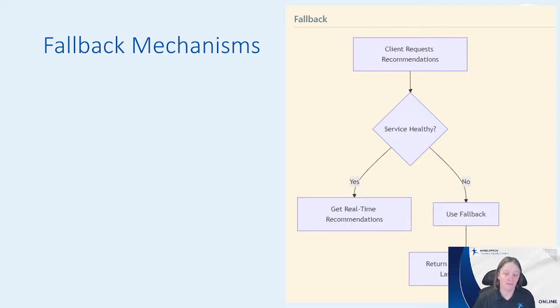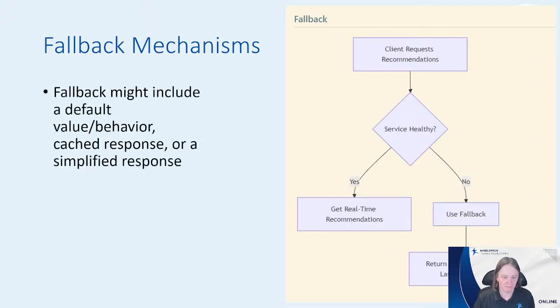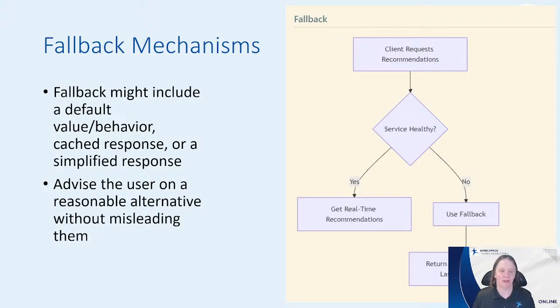This returns popular movies or last known data, that could very well be cache data as well. But it doesn't have to be cache data, it could be default data as well. So if you have default values, or default behavior, or a default screen that you would show, then that's also an option. And you want to make sure that you give your users the ability to see an alternative without misleading them.